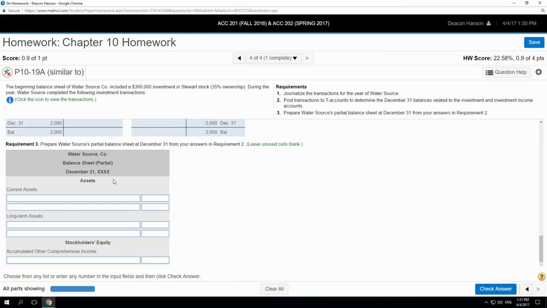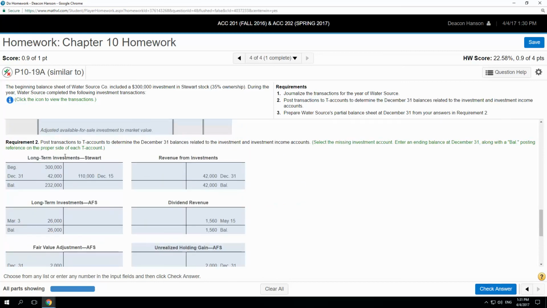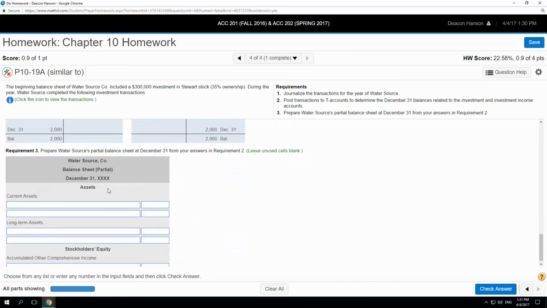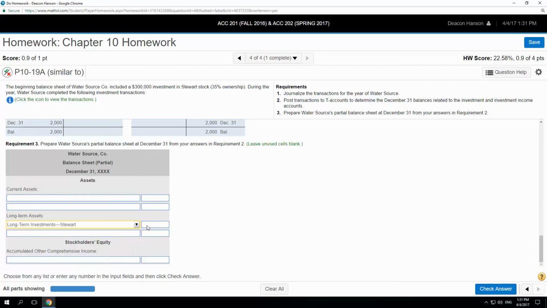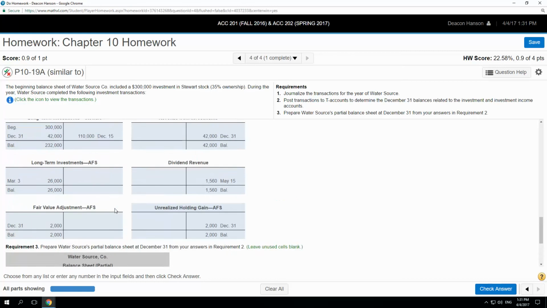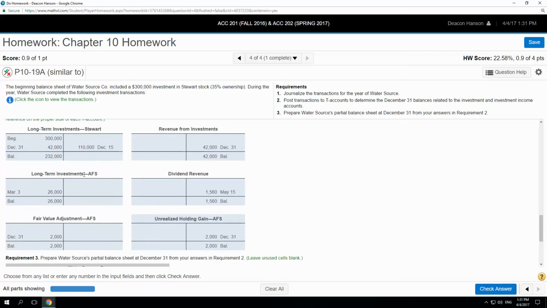Let's see. So there are no current assets, right? All we have is the long-term investments, and we've got a long-term investment in Stewart that has a balance of 232,000. And then we've got the long-term investment available for sale.